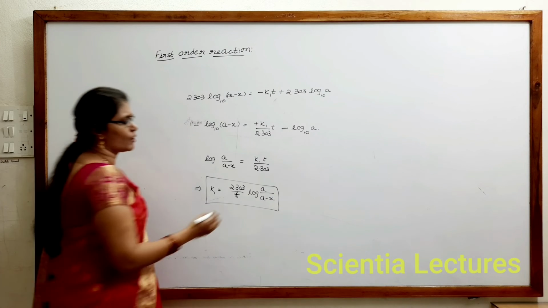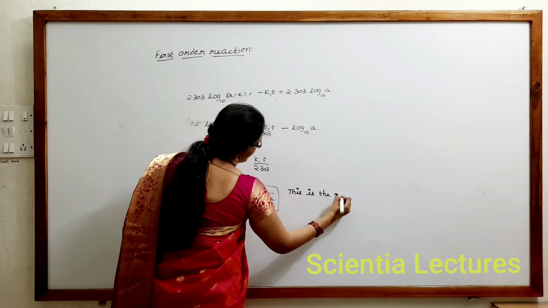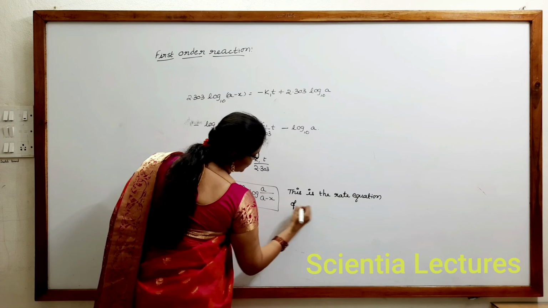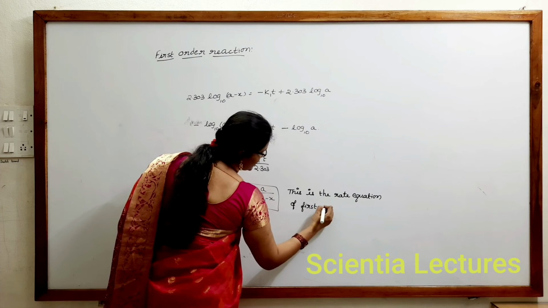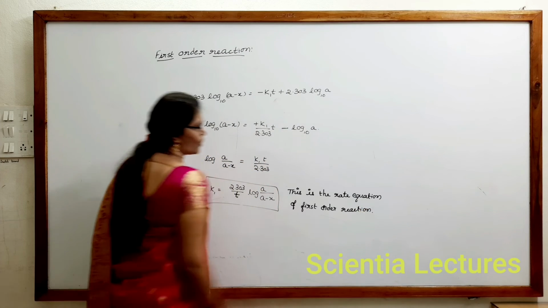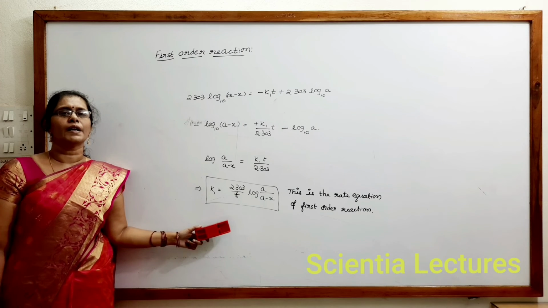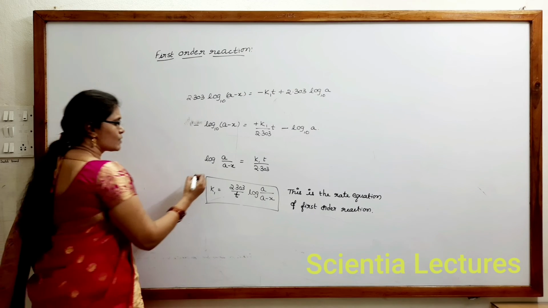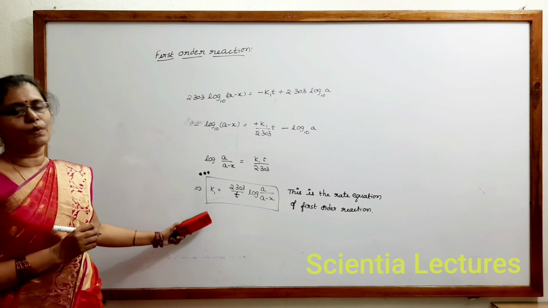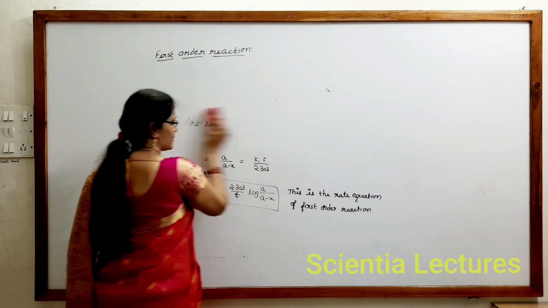This is the rate equation of first order reaction. In many of the problems we use this first order rate equation. You have to derive it and remember it to do the problems. k1 equal to 2.303 by t log of a by (a minus x).